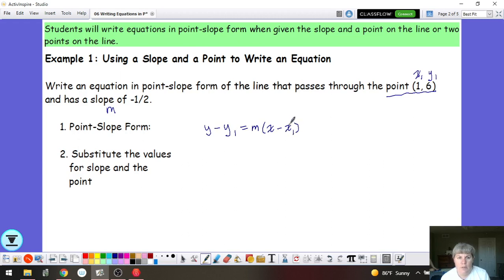We know x1, we know y1, and we know m. So all we have to do is substitute for those three values. So y minus 6 equals negative 1/2 times x minus 1. And we have our equation in point-slope form. And that's all we're going to ask you to do in your assignment, is to write the equation in point-slope form.